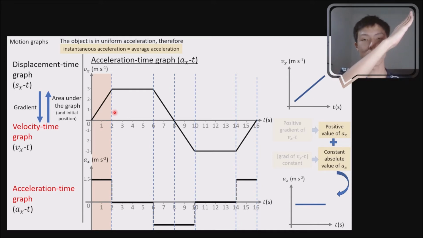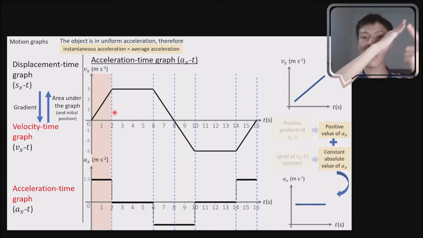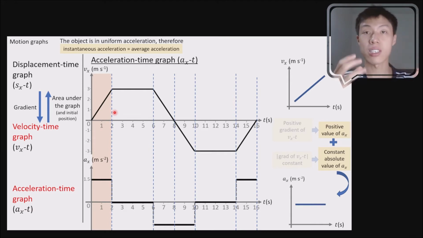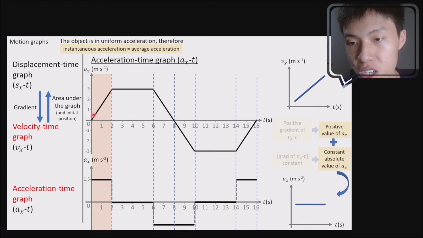So the average acceleration across the whole period will be equal to the instantaneous acceleration at any point within the time period. Because the gradient doesn't change, if you find the gradient anywhere, it should be equal to the gradient of the whole line itself.